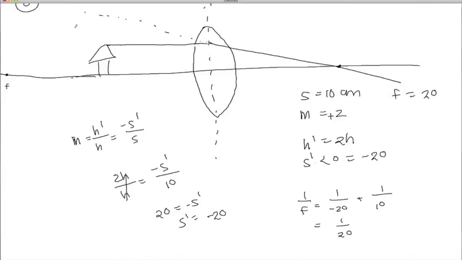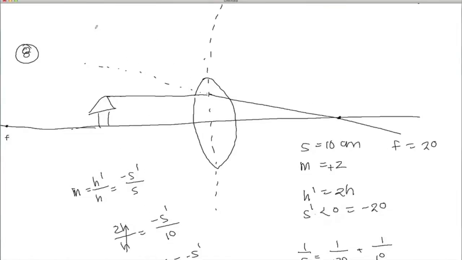And we know that it's virtual, so it's going to be the trace back, like something right here. Which makes sense, because we expected it to be upright, virtual, and magnified. Good.